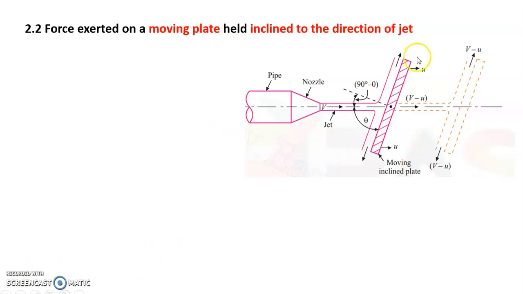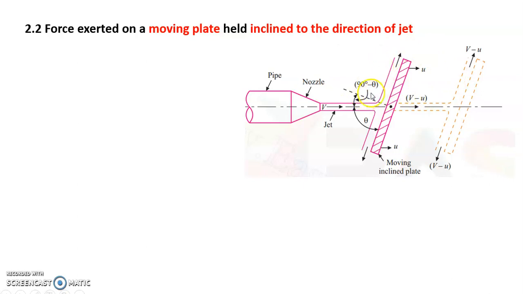There is a plate which is inclined, and angle theta is the inclination, and this plate is moving with the velocity u, and the jet is moving with an absolute velocity capital V. And if this angle is theta, as we have solved this case in the stationary type, we construct a normal plane, and we first calculate Fn, the normal force, and we resolve the normal force.